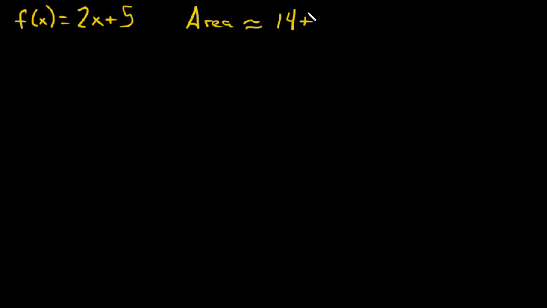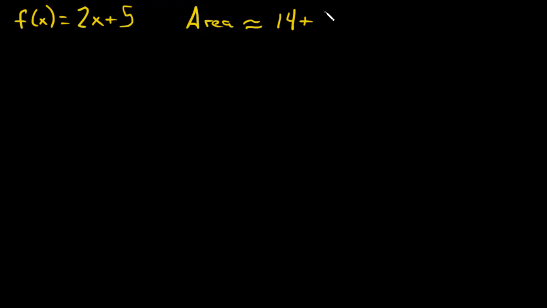So clearing that. So my function was f of x is equal to, what was it, 2x plus 5. Yeah, 2x plus 5. And then I found that the area is approximately equal to 14 plus, what was the last part? 4 over n.